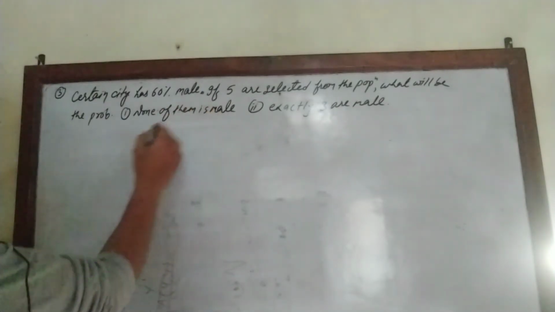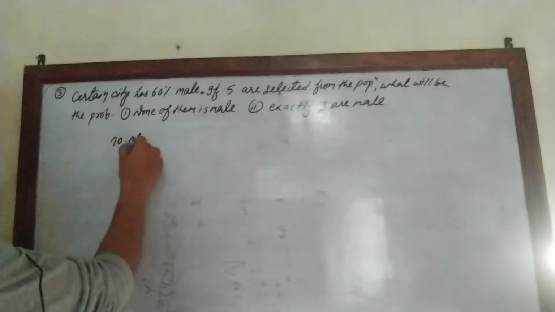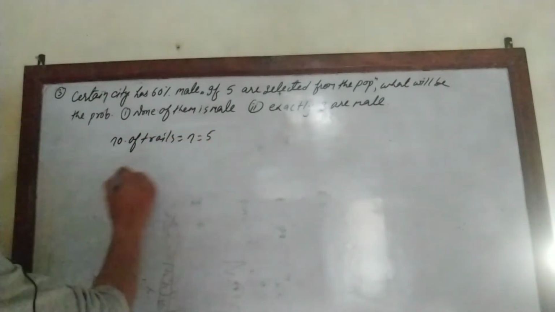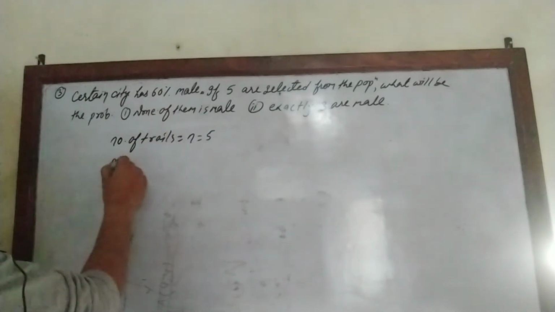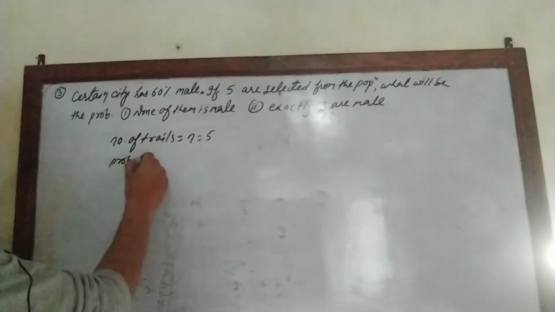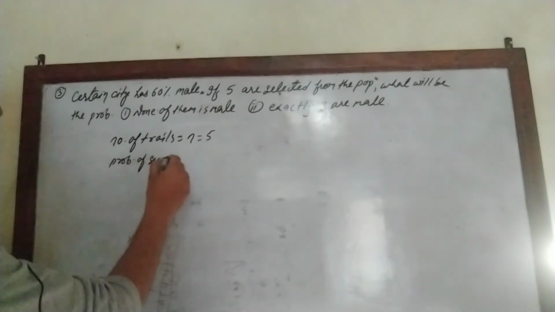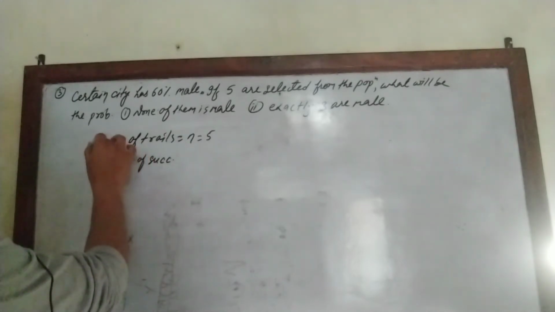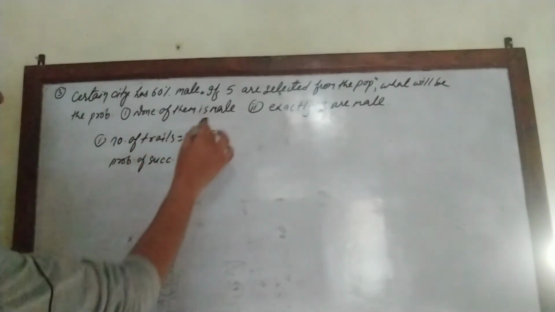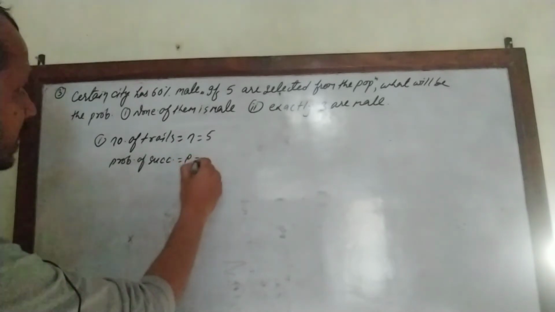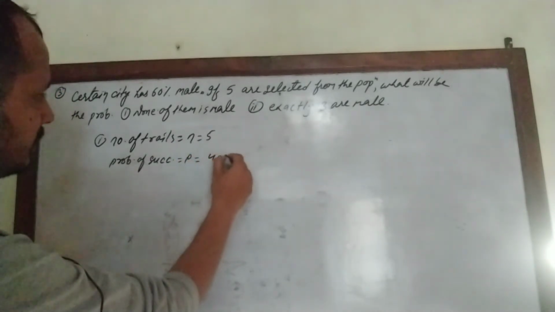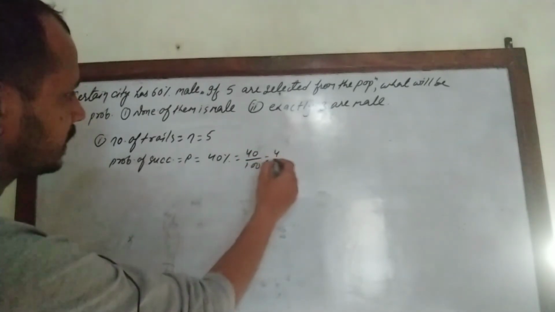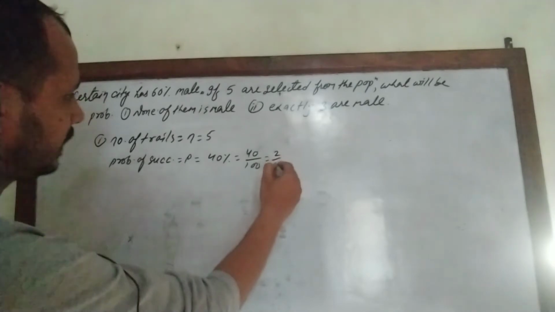Here the number of trials n is 5. Probability of success: in question number 1 we need female, so the probability of getting female will be 40%, that is 40 by 100, 4 by 10, which is 2 by 5.